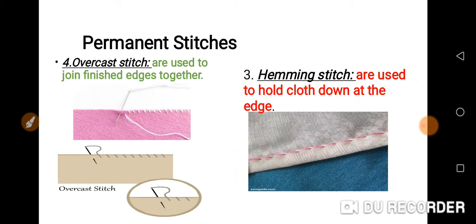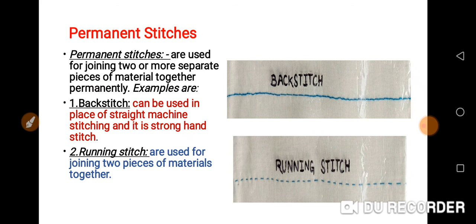Now when you talk about back stitch, this back stitch can be used in place of straight machine stitching, and it is a strong hand stitch. Back stitch is used instead of a sewing machine. So this back stitch is a strong hand stitch.